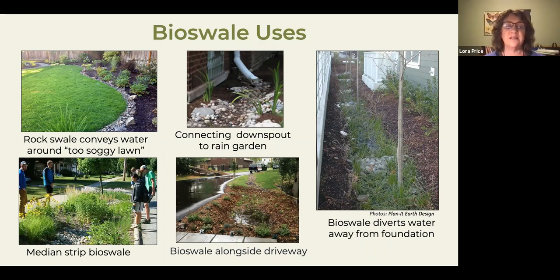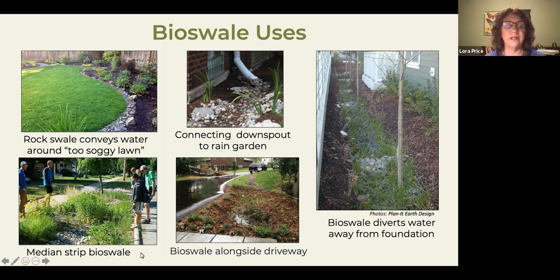So in this case, we installed this rock swale border between the planting bed and the lawn, and we've actually added a French drain beneath those rocks. So it's capturing all the water seeping in and conveying it around the lawn to a rain garden in the upper left corner, where it can sink in, in an effort to make this a more usable lawn.